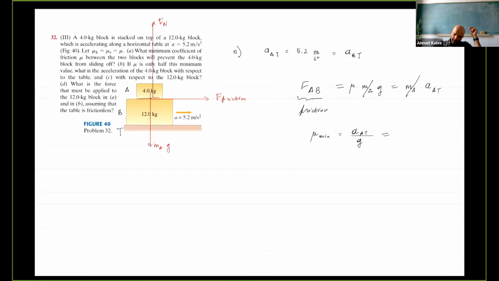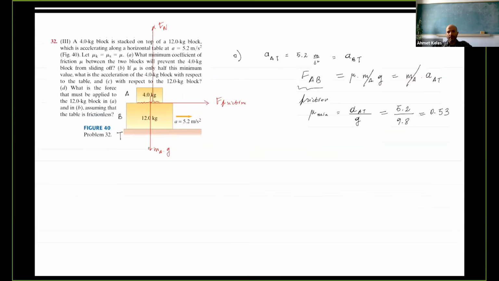This is 5.2 meter per second squared divided by 9.8, and what did I find? I found 0.53. Okay, is that clear? Any objections?